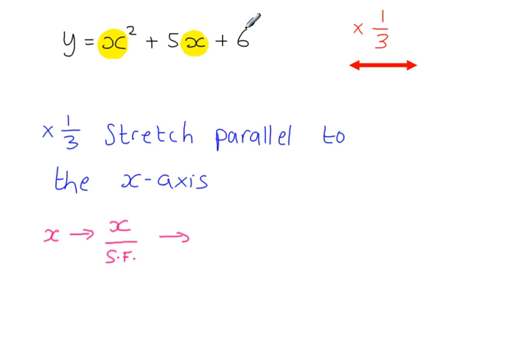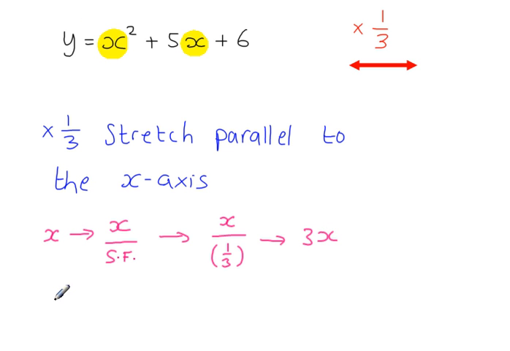But what happens to the actual equation of the curve after the 1/3 stretch parallel to the x-axis? Well, following this principle again, we're going to replace x here with x divided by whatever the stretch factor is, which is 1/3 here. So x divided by 1/3 simplifies to 3x. So you're actually replacing x with 3x.